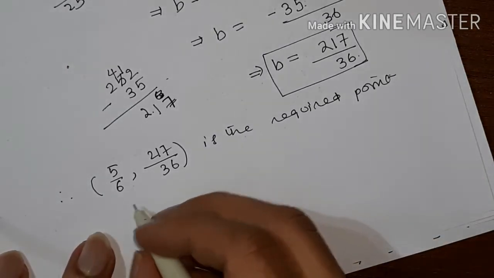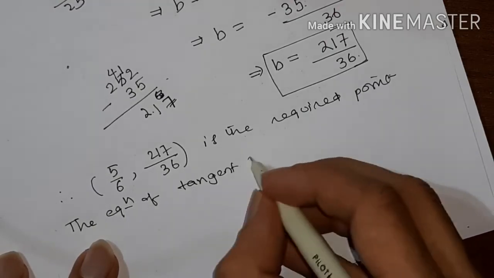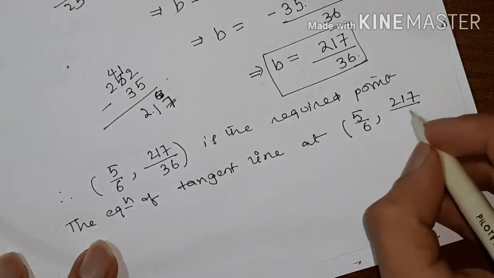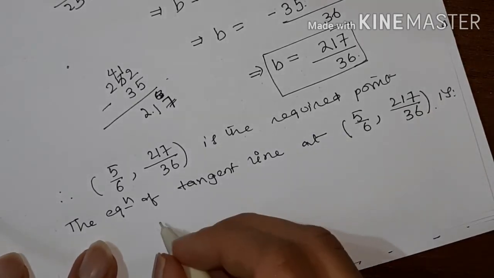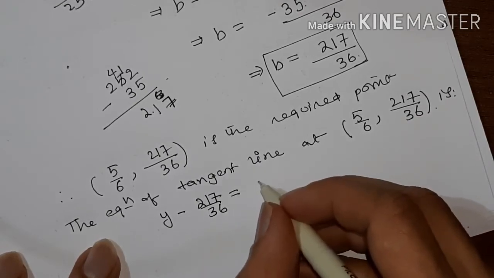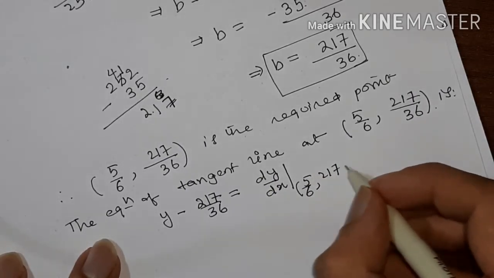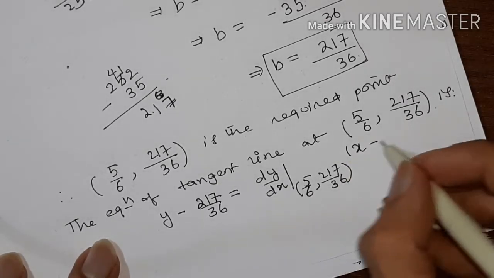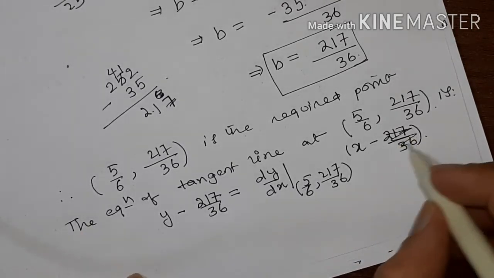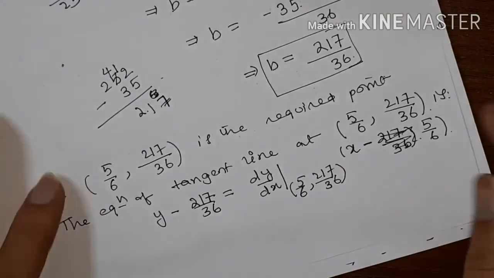The equation of the tangent line at (5 by 6, 217 by 36) is y minus y naught, that is y minus 217 by 36, equal to dy by dx at the point (5 by 6, 217 by 36) multiplied by x minus x naught. What is x naught? 5 by 6.